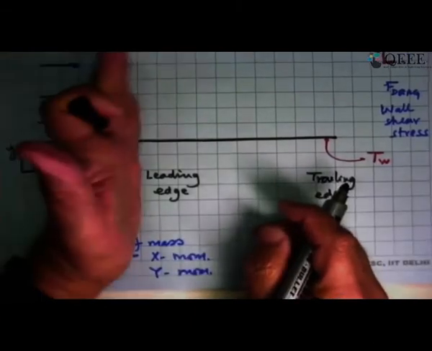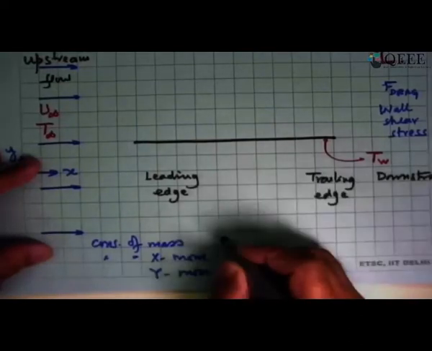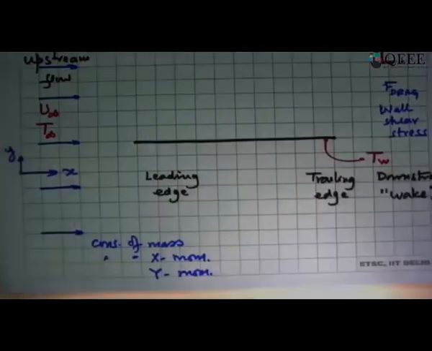This flow which has come up to this point is the upstream flow. And the flow after it leaves the plate, we can say is the downstream flow, and it will produce at the back what is called a wake. And so now I want to get the force on this plate.